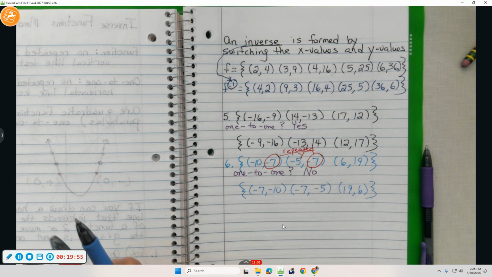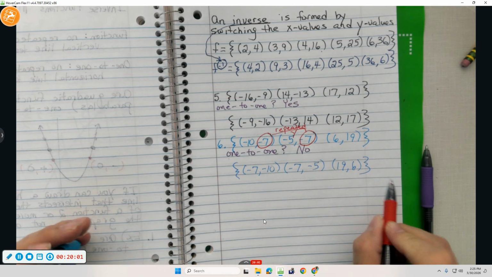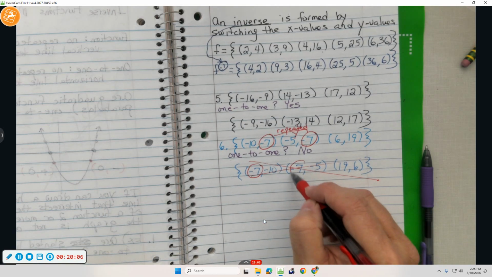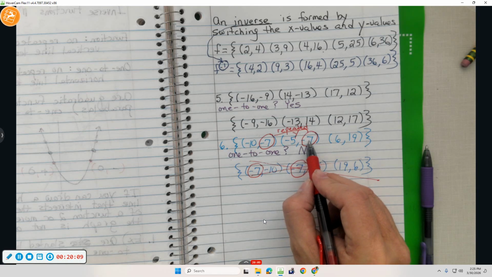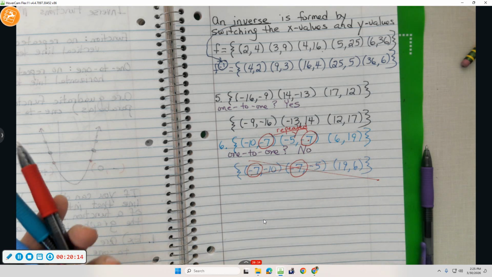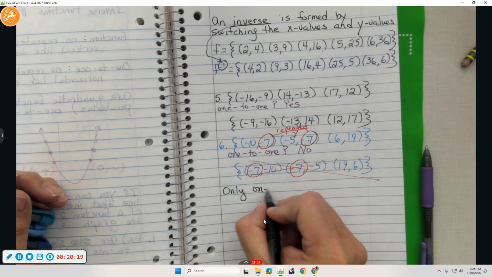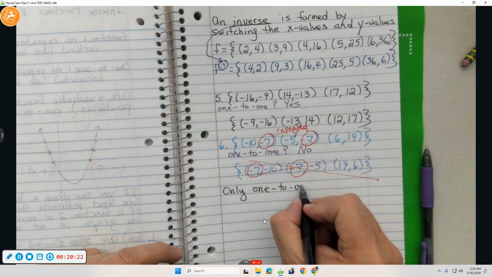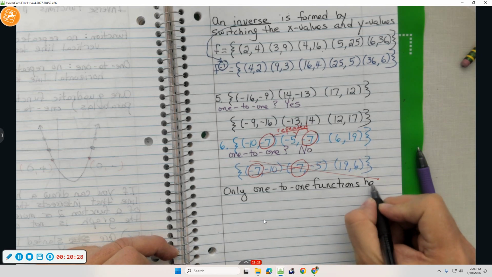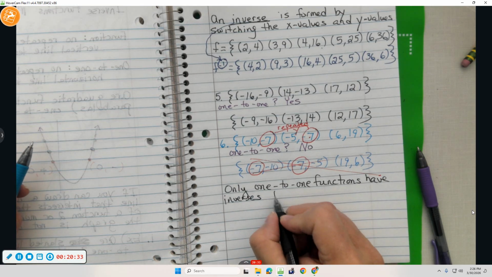Now, why is it? Well, if we only want functions from now on, this would be wrong because it's not a function. If there are repeated y values, then when you flip them or switch them, there's going to be repeated x's. So, as my brother was saying, only one-to-one functions have inverses that are functions.